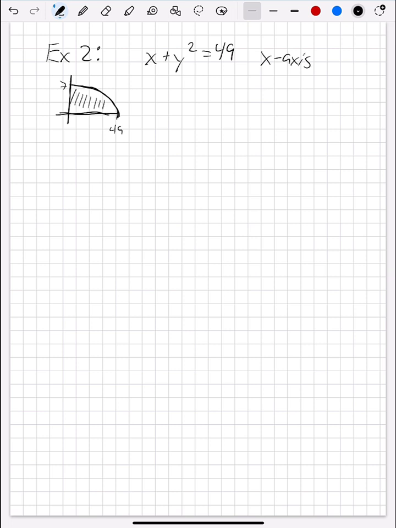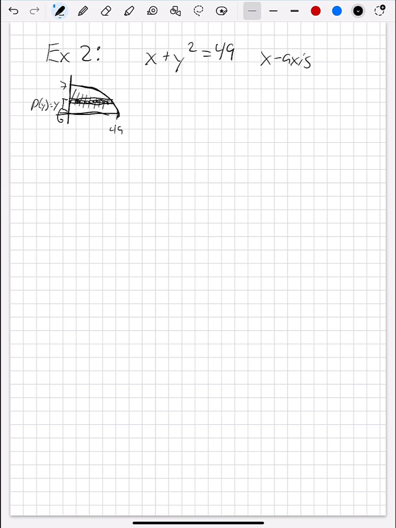So my rectangles look like this. They're going to be parallel to the x-axis. The difference between the rectangle and the axis is just y.